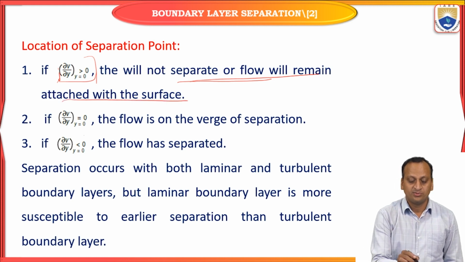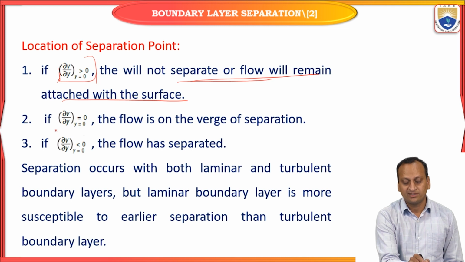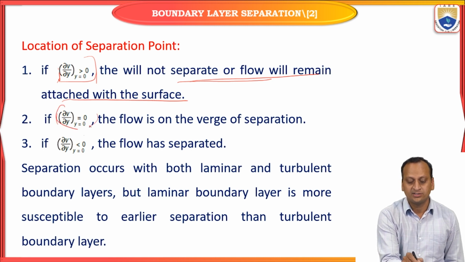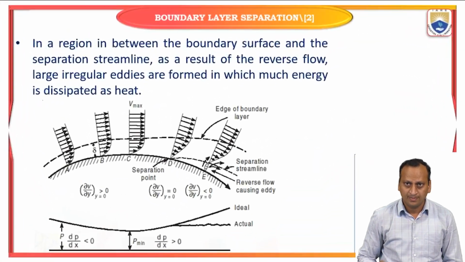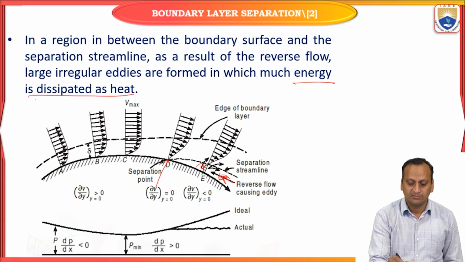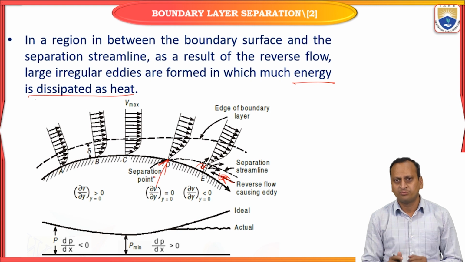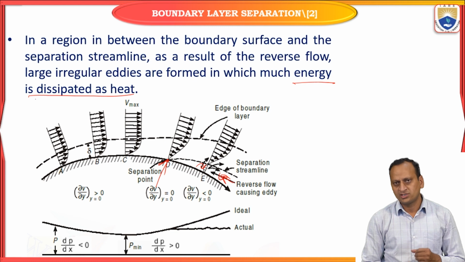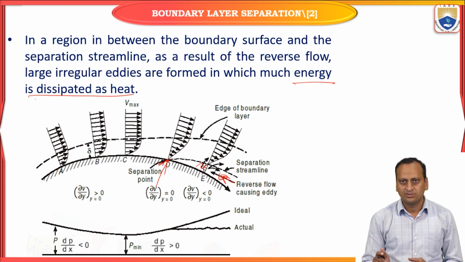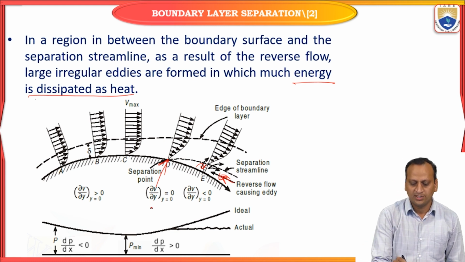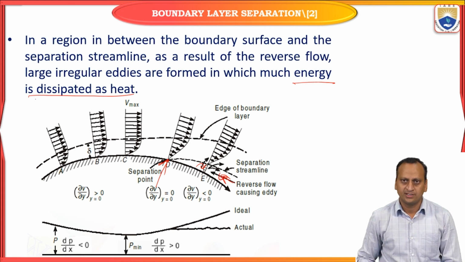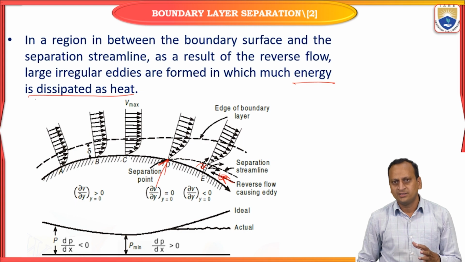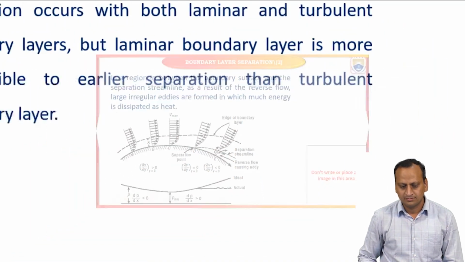If the velocity gradient is 0, like at point D in the previous slide where the velocity becomes 0 at this standstill position, it won't continue along the solid body surface, it will separate. So if ∂V/∂y equals 0, that is the verge of separation, about to separate from the solid body.